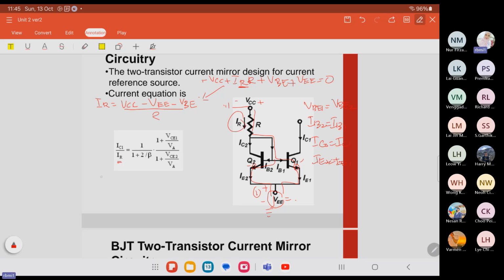So for the IR here, we can say 2IB plus IC, because we have 2IB here. This one is IB1 plus IB2 for this path. That is why 2IB, same value. If it is 2 milli, then this one is also 2 milli. So IR is equal to 2IB plus IC.